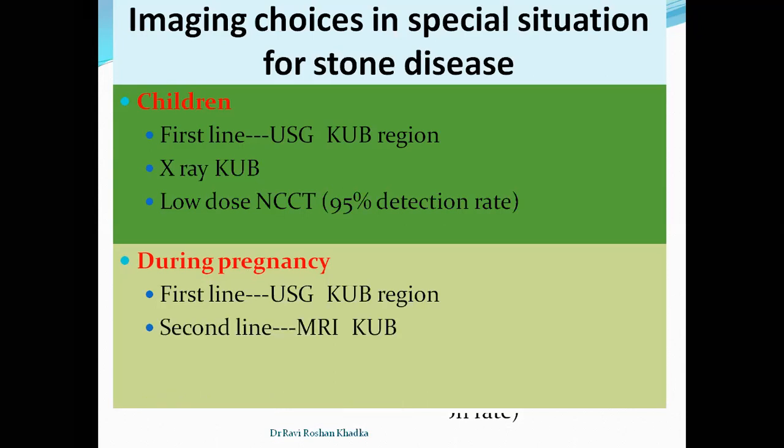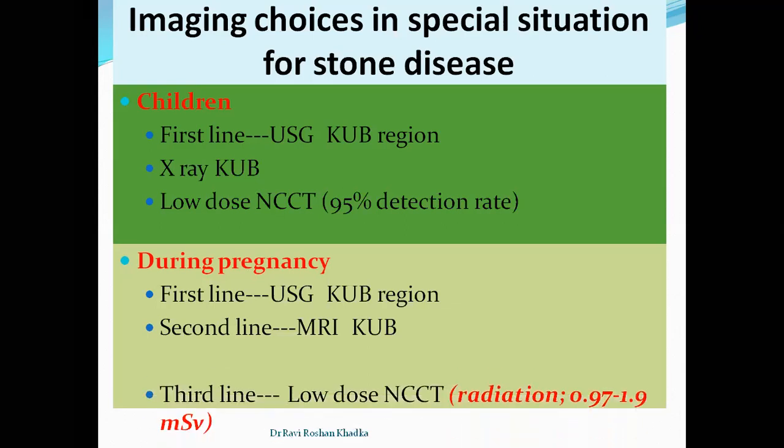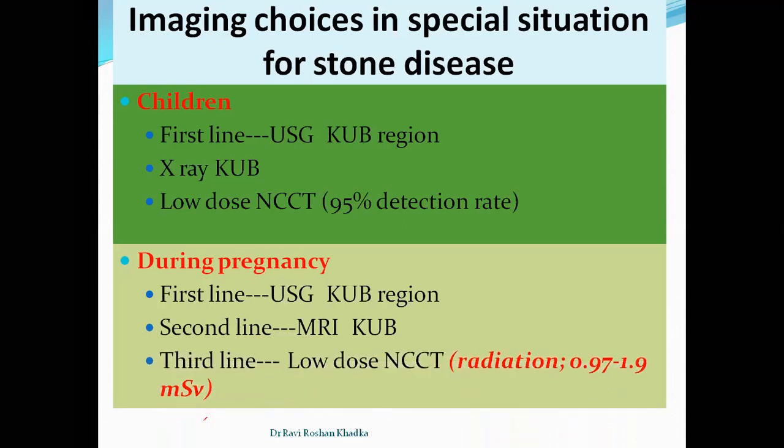And if we need more detail, then we can go for a low dose non-contrast CT scan. The radiation is very low, around 4 to 5 times lower than the normal CT scan. So these are the European Association of Urology guidelines for the investigation for children and pregnancy. So follow this one whenever you have such a patient. The best one is always ultrasonogram in these scenarios where radiation is contraindicated.